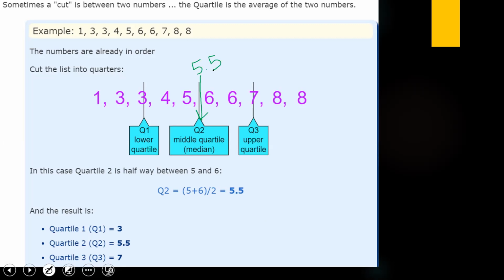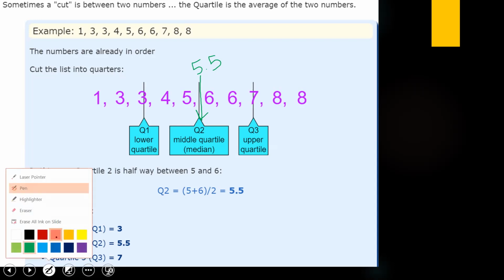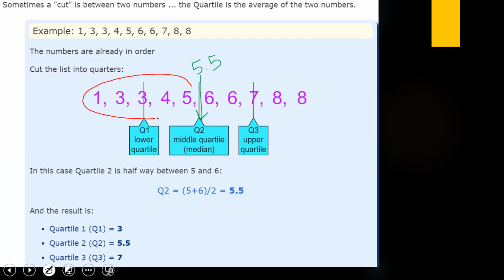Then look at the numbers in the first half here. Where's the median of them? It's 3. Look at the second half. Where's the median of them? It is 7. This 7, we name it Q3. This 3, we name Q1. So the first quartile is 3. The third quartile is 7.